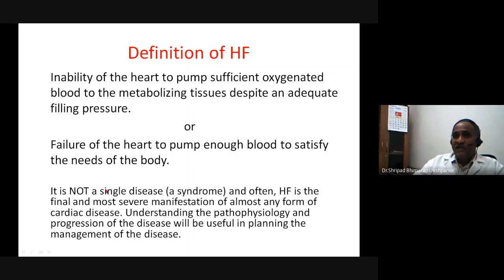Considering the point that it's not a single disease, rather it is a syndrome of multiple diseases or multiple system involvement, and often heart failure is the final and the most severe manifestation of any type of cardiac disease. Hence, understanding the pathophysiology and the progression of the disease will be of great help in planning the management of the disease. So that is the crux of the heart failure.